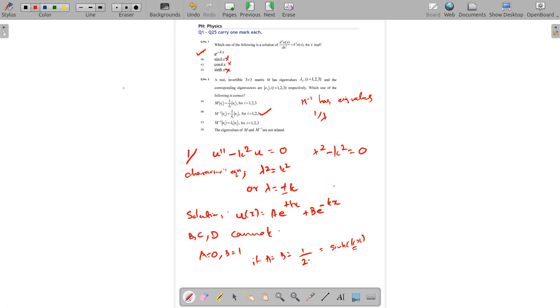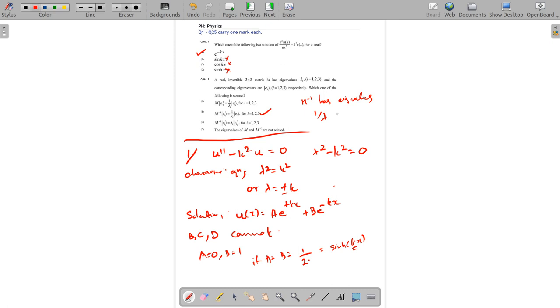So that's our first question. Then the next one, second one: a real invertible 3 by 3 matrix M has eigenvalues lambda 1, lambda 2, lambda 3, and the corresponding eigenvectors e i. Which of the following statements are correct?